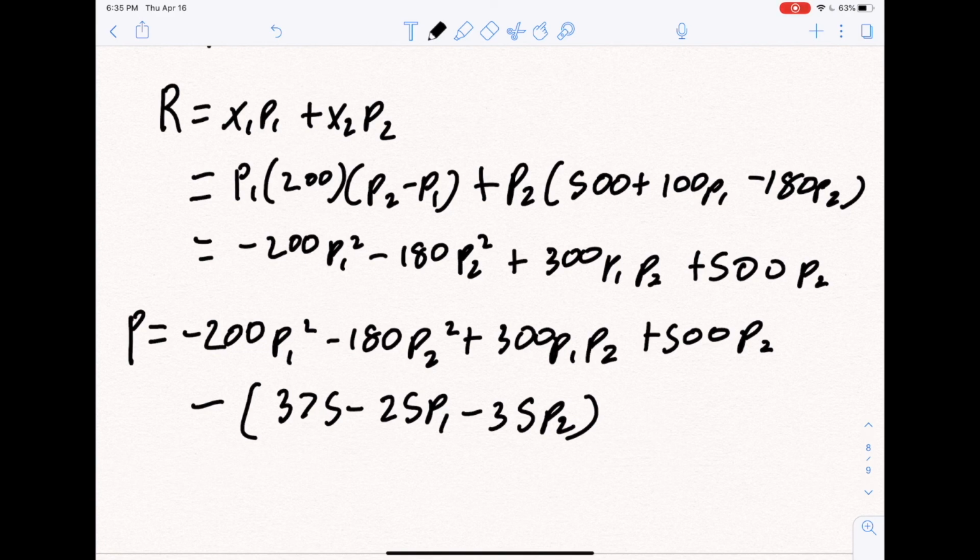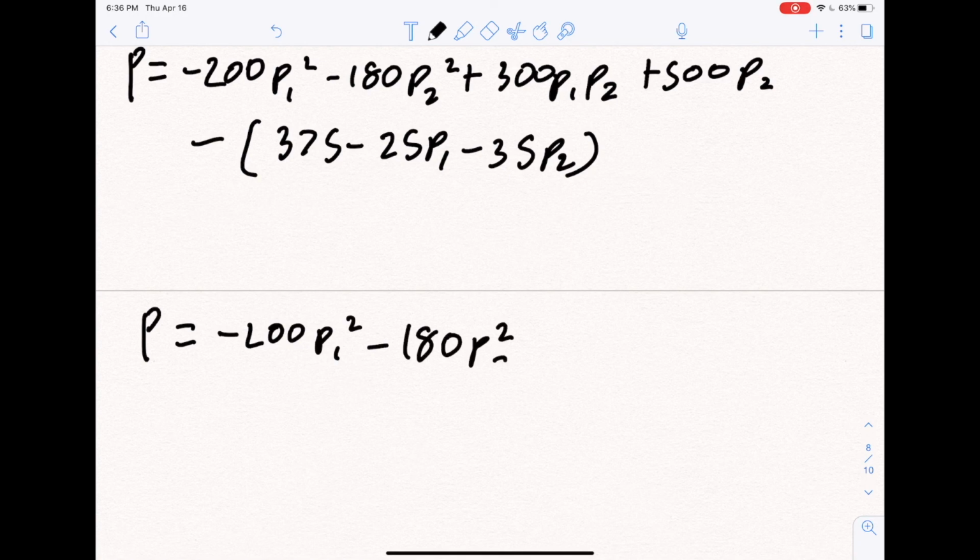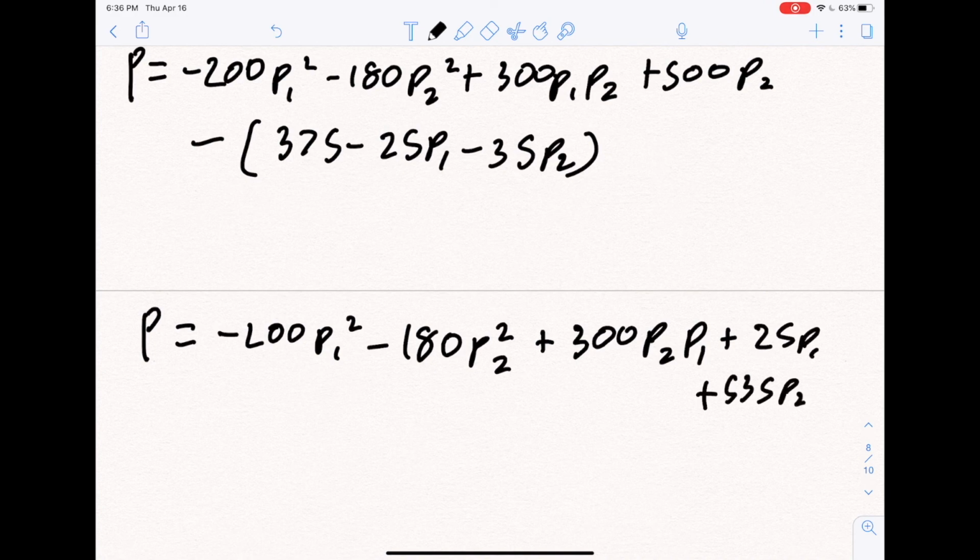Now if we combine like terms, we end up with our profit function P equals minus 200 p1 squared minus 180 p2 squared plus 300 p2 p1 plus 25 p1 plus 535 p2 minus 375. So it's a long function, but we're going to take a derivative of it, and it's going to make it a lot easier.